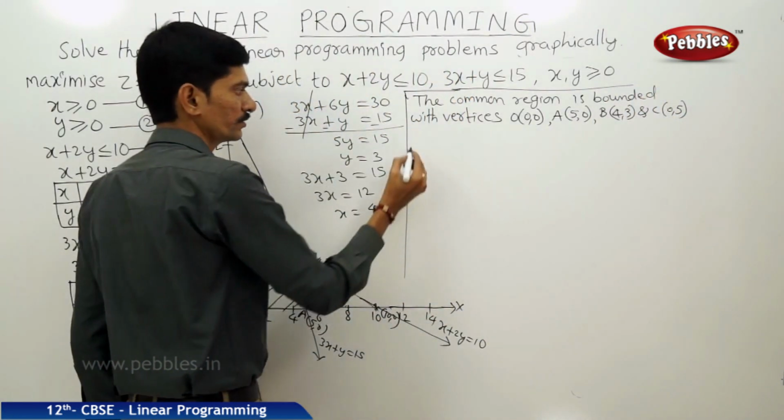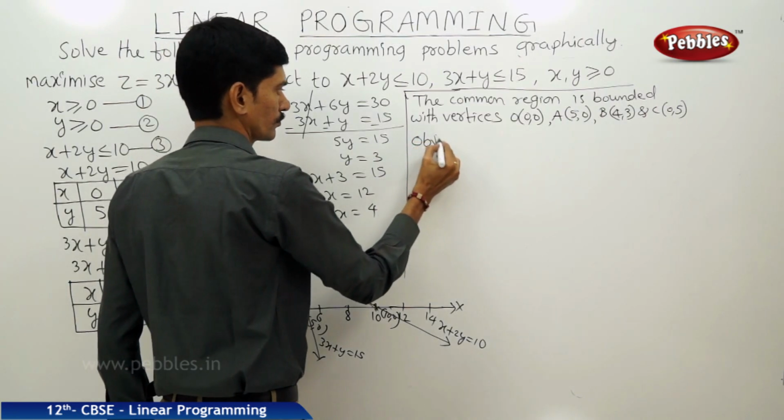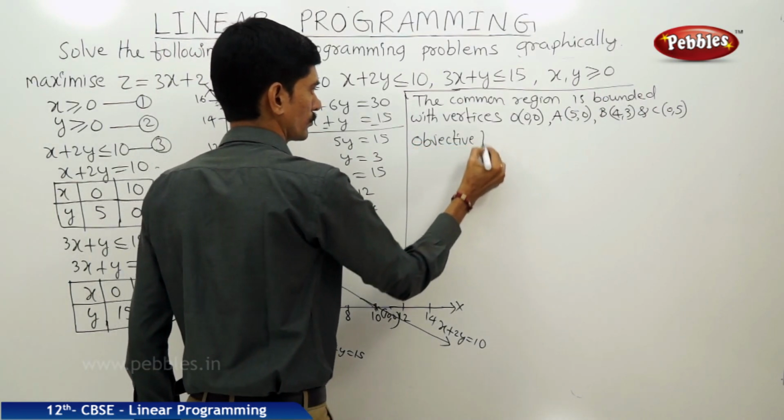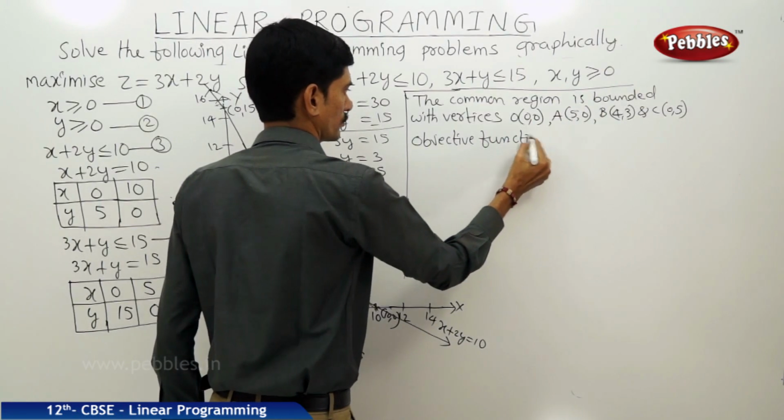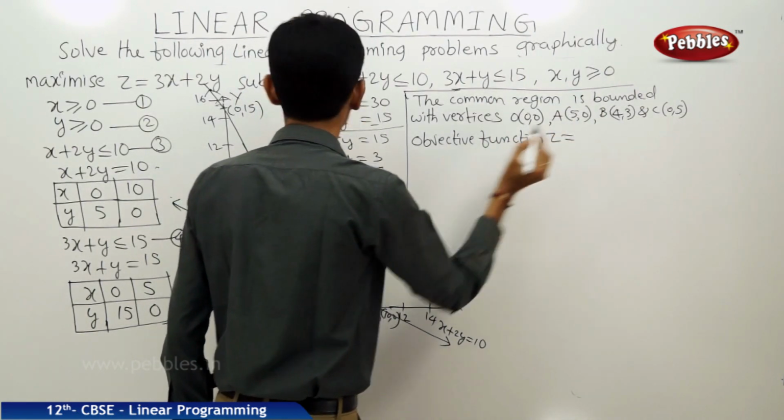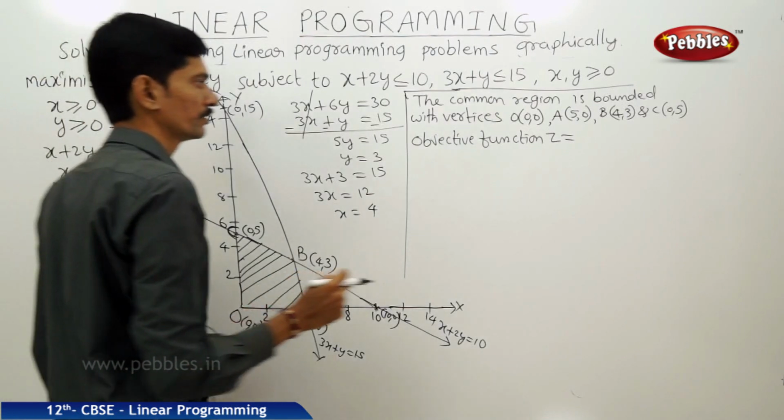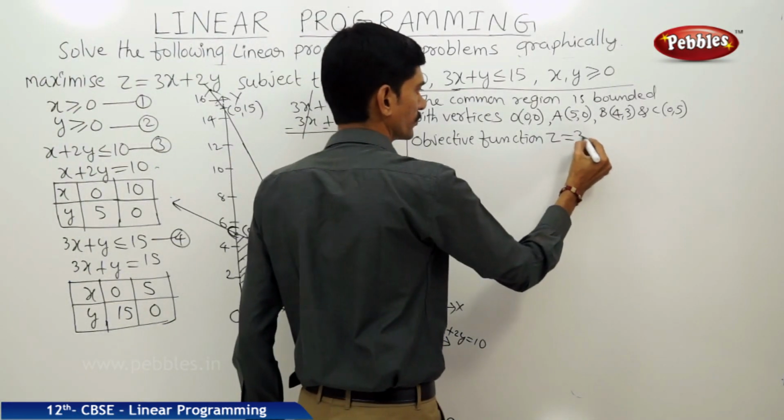Now the objective function z equal to 3x plus 2y, which is to be maximized.